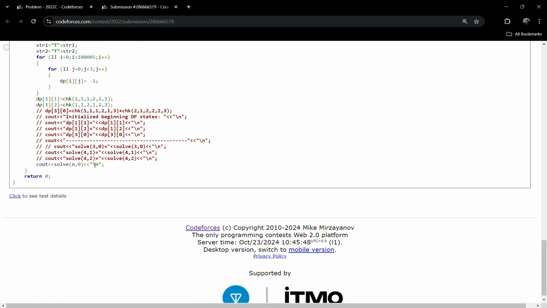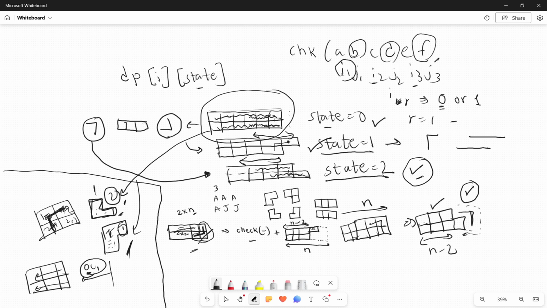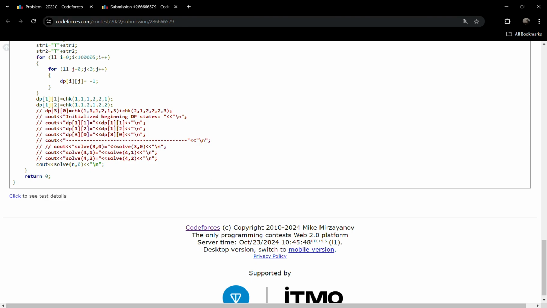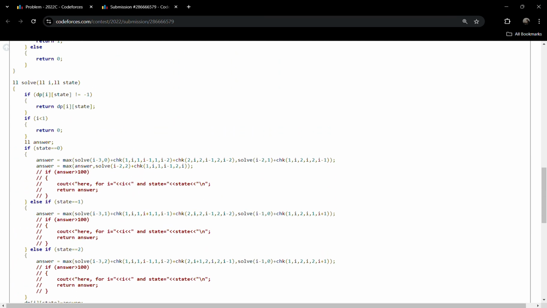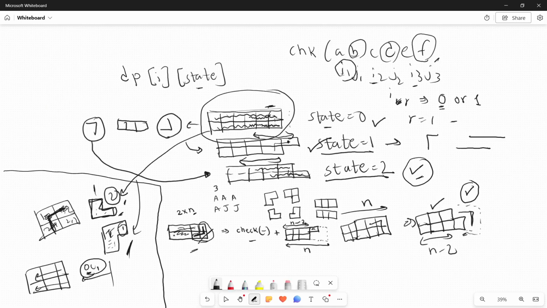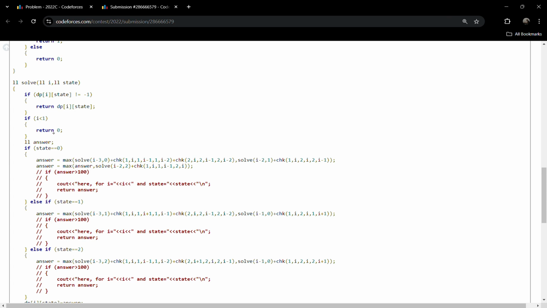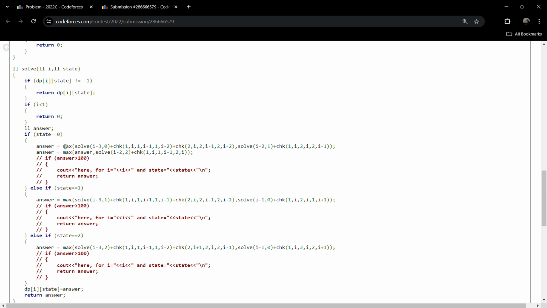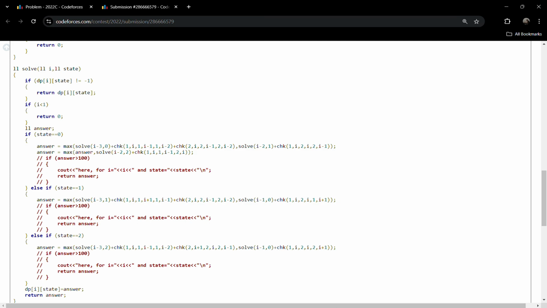So 0 is basically the state, because initially our whole grid is in state 0, so calling based upon that. And in the solve function, if dp is pre-processed or already calculated, I am returning it. And if i is less than 1, when will i be less than 1? It will be less than 1 if this case happens. Okay, if this case happens, then the answer will be 0, right? There is nothing remaining, so I am returning 0, then initializing answer. If state is 0, I am doing this transition and then this transition.